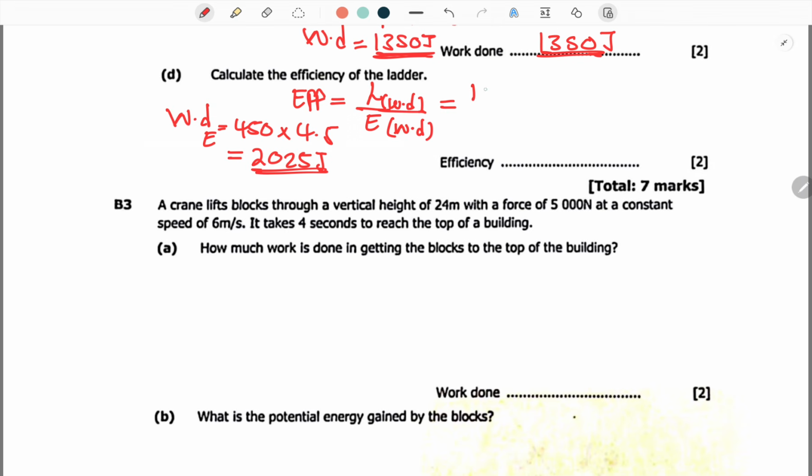Then let's use the formula. The work done by the load over the work done by the effort, then you multiply it by 100. So let's check, 1350 divided by 2025. It's giving us 0.6666 multiplied by 100.